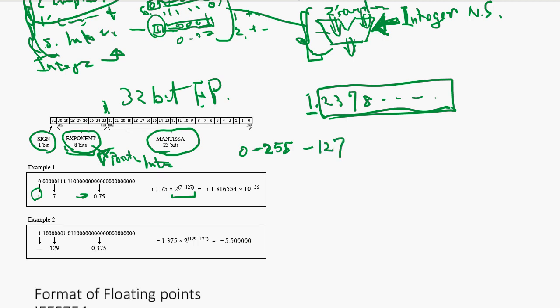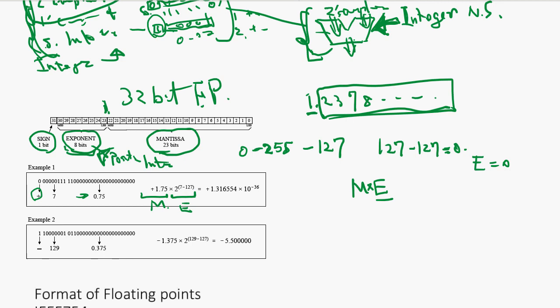So if the exponent field is 127, then 127 minus 127 equals 0, which means the exponent part is 0. So the mantissa is multiplied by the exponent part. This is the exponent part, and this is the mantissa.